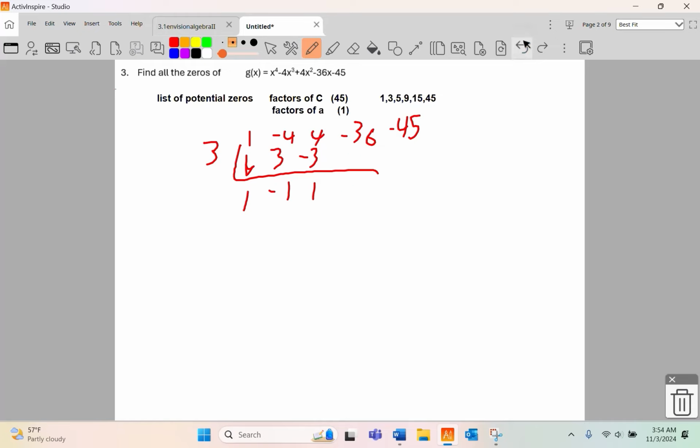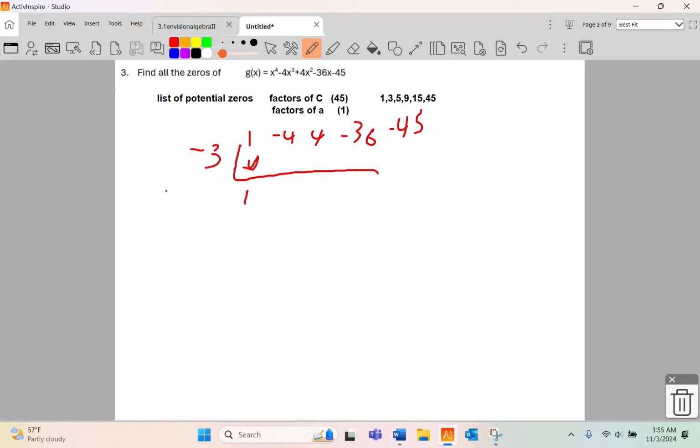So let's go back in time here. Let's try -3. I'm not going to try any big factors like 15 and 45. Those are just unlikely.